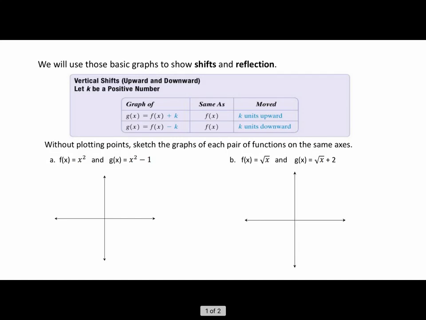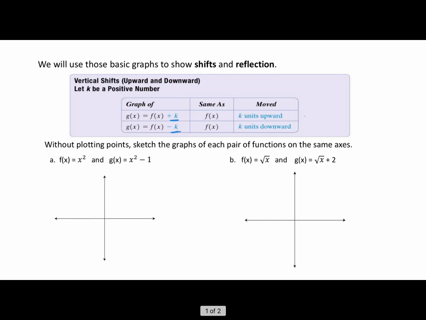Now that we know what those basic shapes look like, we're going to shift them in this lesson. So vertical shifts are those that are shifted up or down, similar to the ones that we did with the linear functions, where they had different y-intercepts. And the reason why is because one function is the other function plus a number or minus a number.